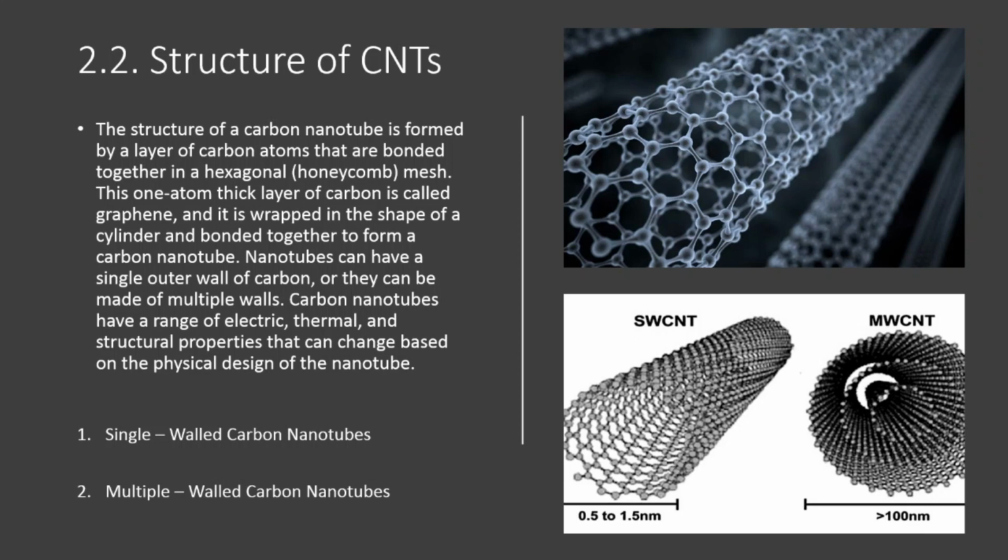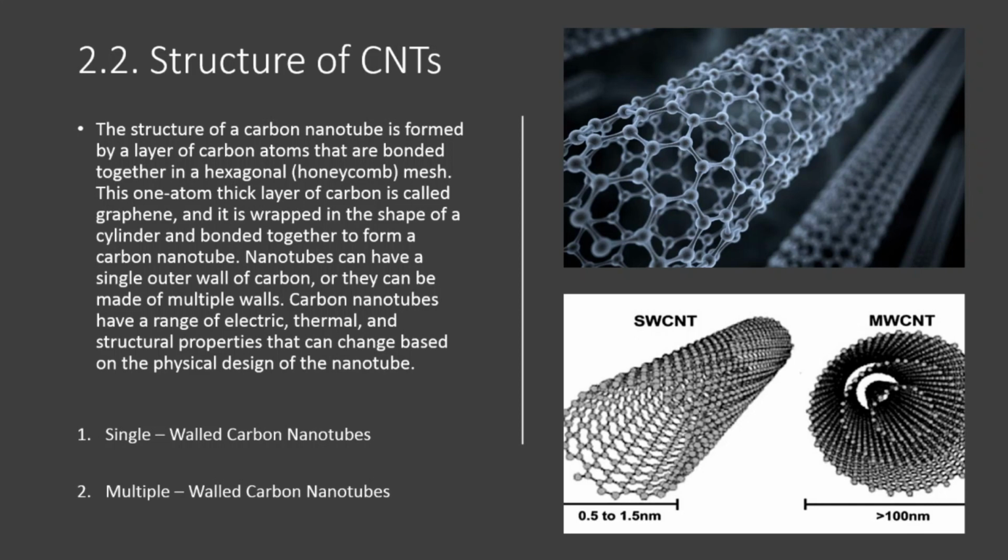Structure of carbon nanotubes. The structure of a carbon nanotube is formed by a layer of carbon atoms that are bonded together in a hexagonal mesh. This one-atom thick layer of carbon is called graphene, and is wrapped in the shape of a cylinder and bonded together to form a carbon nanotube. Nanotubes can have a single outer wall of carbon, or they can be made of multiple walls.